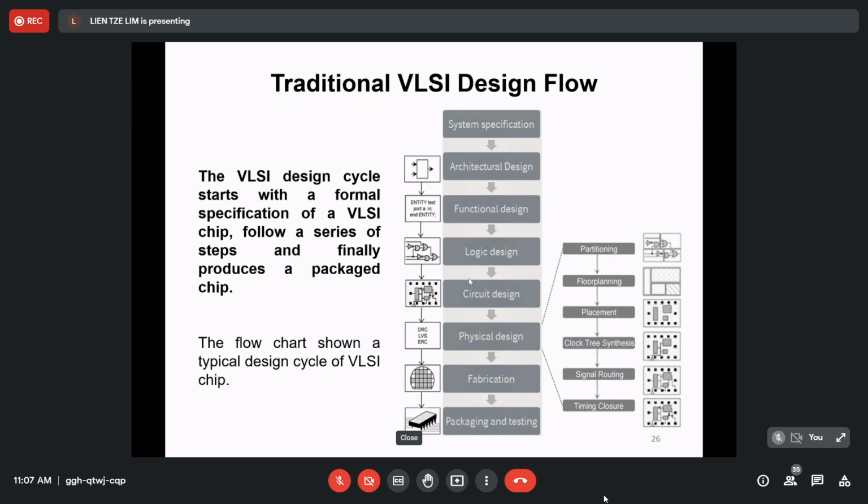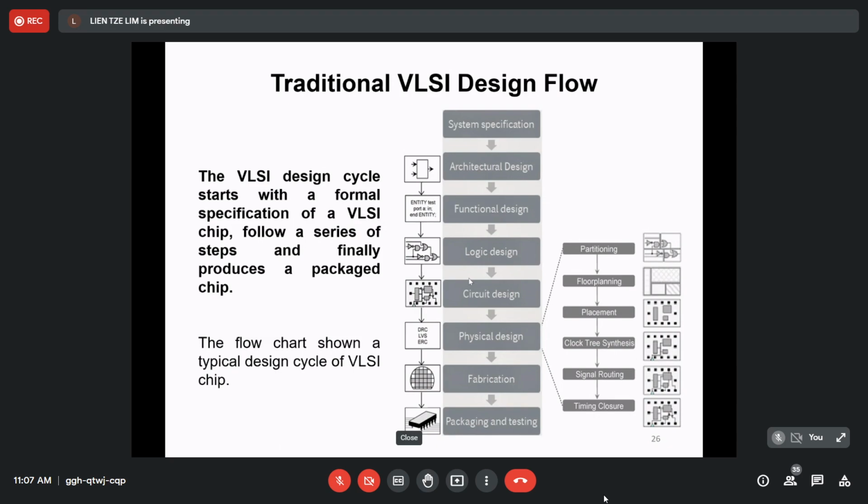Usually, if a customer wants an IC to perform a specific application for his own product, the customer can bring the specifications of the IC to a company.